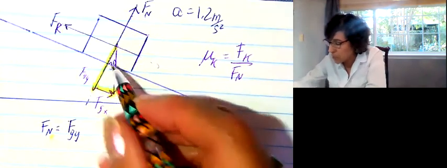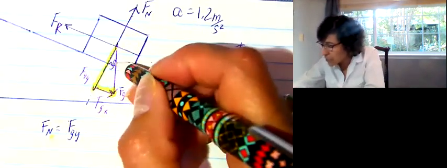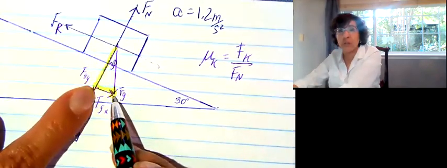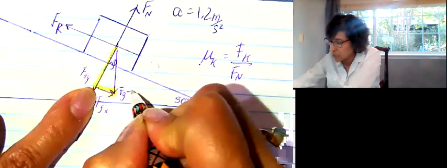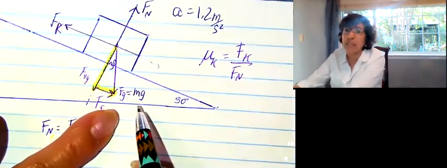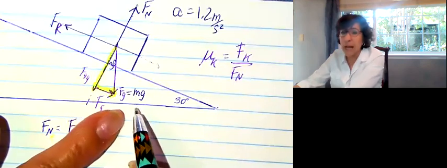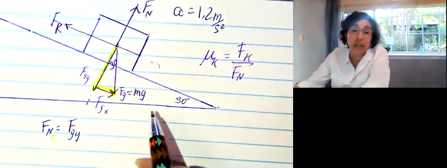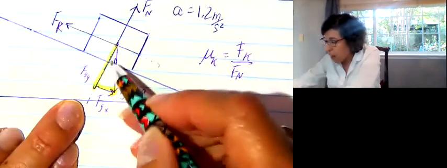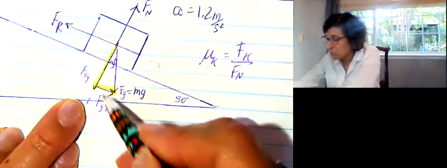This is 30 degrees. Okay, well, if this is 30 degrees, and notice how the f g sub x is opposite to the 30 degrees. And by the way, this guy here is just mg. They didn't give us the mass. Whatever the mass is, we're just going to say it's mass m times g, and that's lowercase g, negative 9.81 meters per second squared.